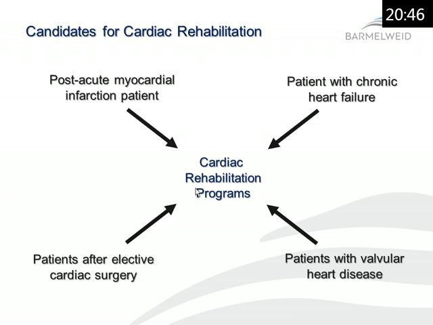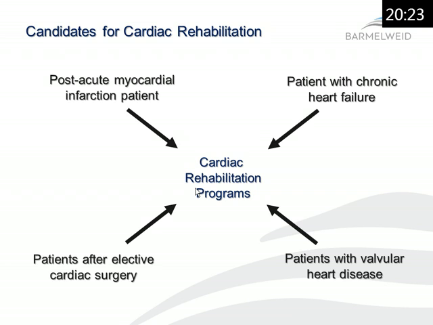When we talk about high-risk patients, there are different types of patients. We can have the post-acute myocardial infarction patient. This is a patient who has some kind of risk of arrhythmias. He has probably, if he is high risk, reduced ejection fraction, and these are the main problems in this patient.